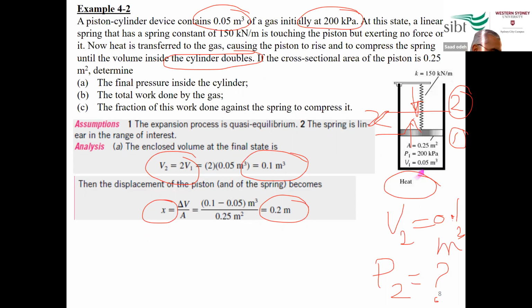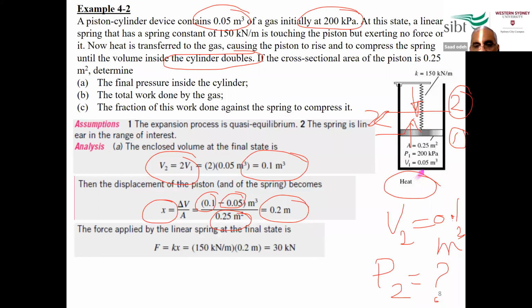As we did here, we have final volume minus initial volume divided by the area of the piston. We can get X, which is 0.2, right? And then if we know X and the spring constant, we can find the force of the spring.